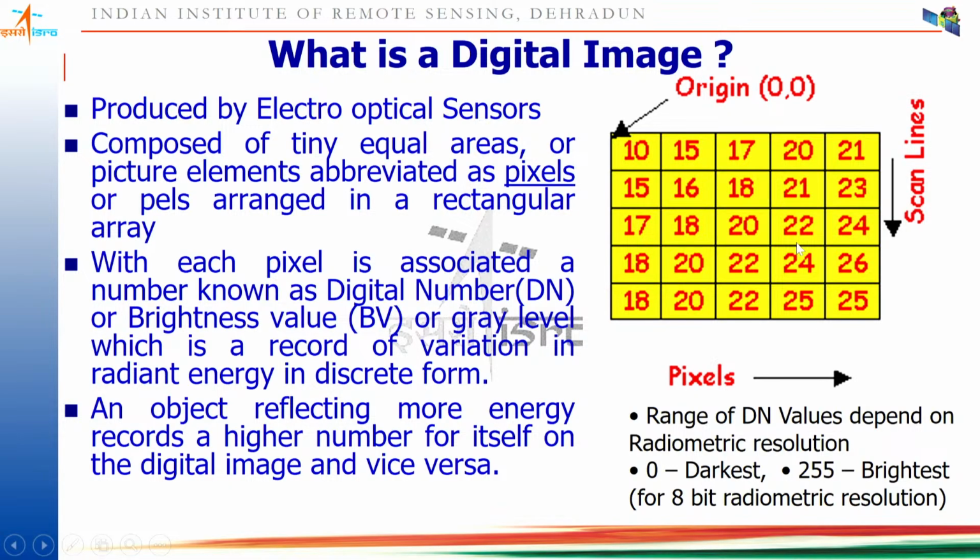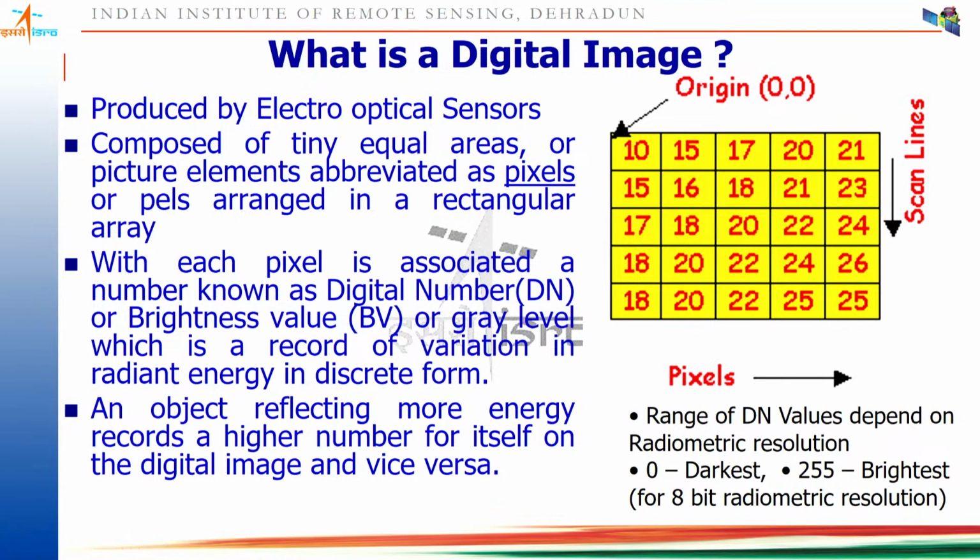That is 2 to the power 8, so a maximum of 256 values between 0 and 255. Conversely, if the radiometric resolution for a sensor is 11-bit, the values will be between 0 to 2047. 2047 will be for the object reflecting total energy, and 0 for objects that do not reflect any energy at all. Now, this is a single layer hypothetical digital image.